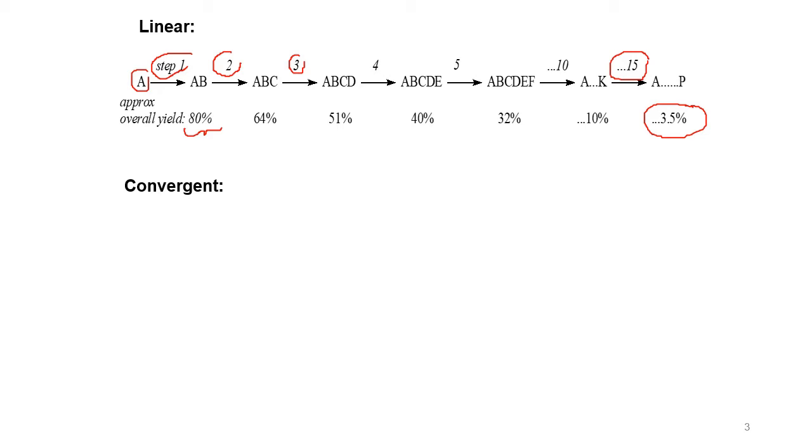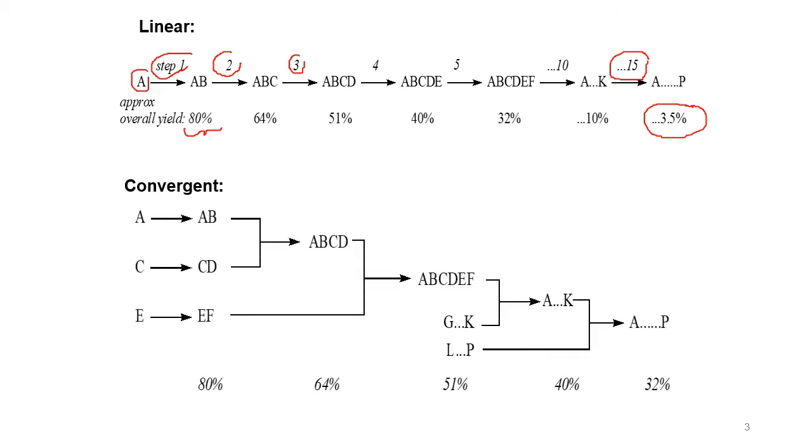Now let's take a look at what if we adopt the convergent type of synthesis. From A we get AB, and likewise CD and EF, so these reactions are all done simultaneously. Assuming that all these steps give you 80% yield, in order to form ABCD, you react AB plus CD. So this is already 64% yield.